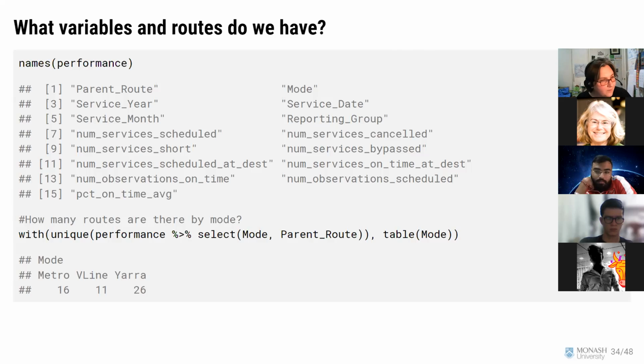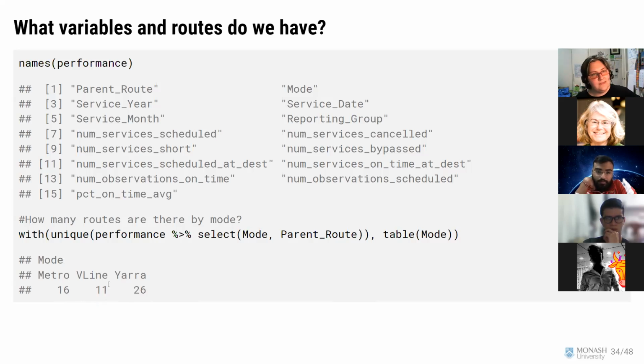If you look down the bottom of this slide, there are 26 different tram lines, 11 V-line routes and 16 Metro Trains routes. I think that doesn't include the showgrounds because that doesn't count as one of these measured routes. But anyway, we've got a lot of what's called a parent route, which is the tram line or the train line.